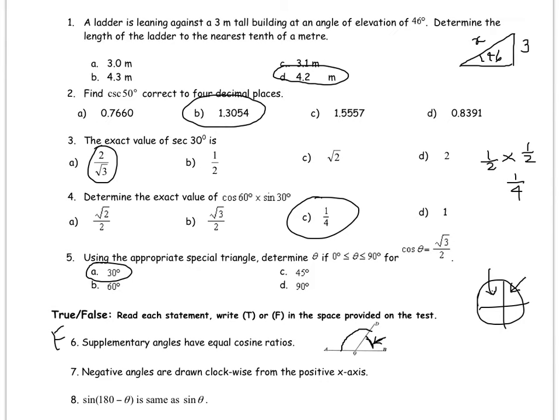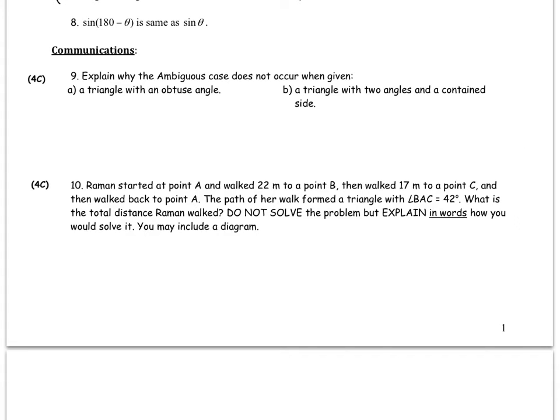The next one says the negative angles are drawn clockwise from the positive x-axis, which is true, because again, if this is the unit circle, we always measure angles from the positive x-axis going counterclockwise. If we go clockwise, this way, the angles are going to be negative. Now question number 8 says, is sine of 180 minus theta the same as sine theta?